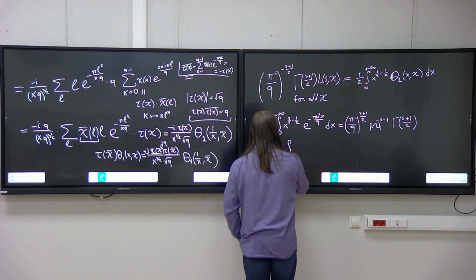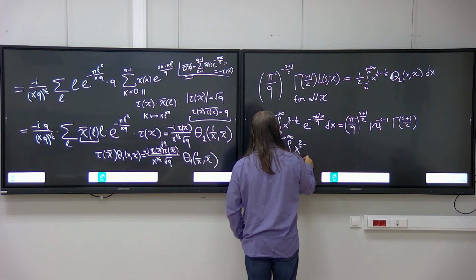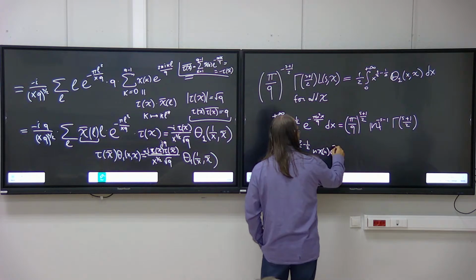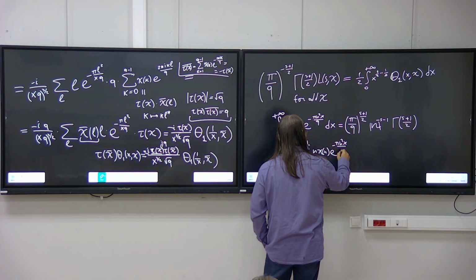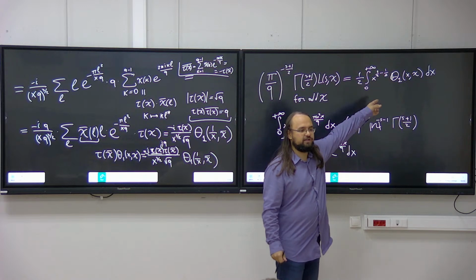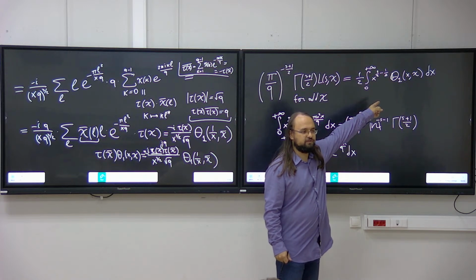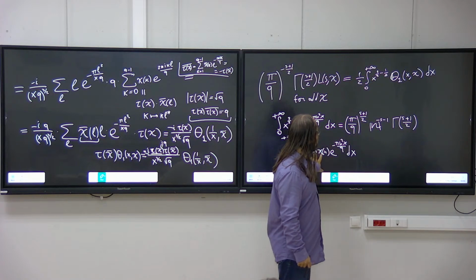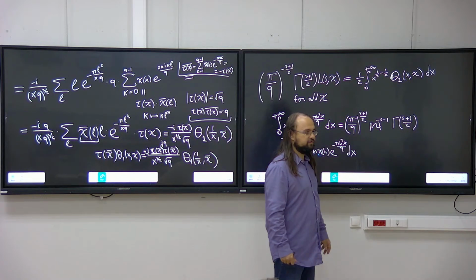Now the integral from 0 to plus infinity of x to the power half of s minus 1/2 times n chi of n. Once again, let us integrate the summand in our theta function. Then we get this integral, but multiplied by n chi of n.